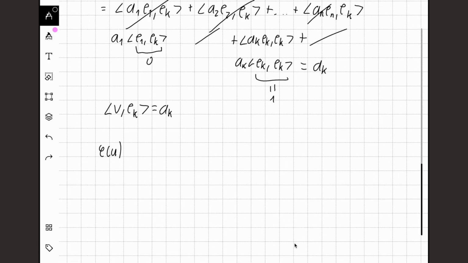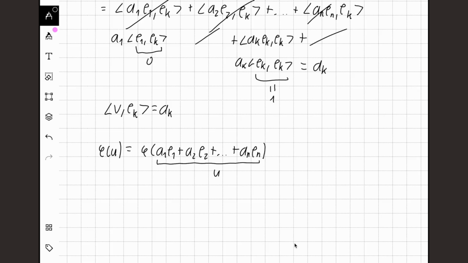So taking the linear functional on u is the same thing as taking the linear functional on u expanded with its basis: a1 e1 plus a2 e2 all the way to an en. This is just the linear functional on the vector we previously called v, but now we're calling it u. And now, since the linear functional is obviously, I was almost getting ahead of myself.